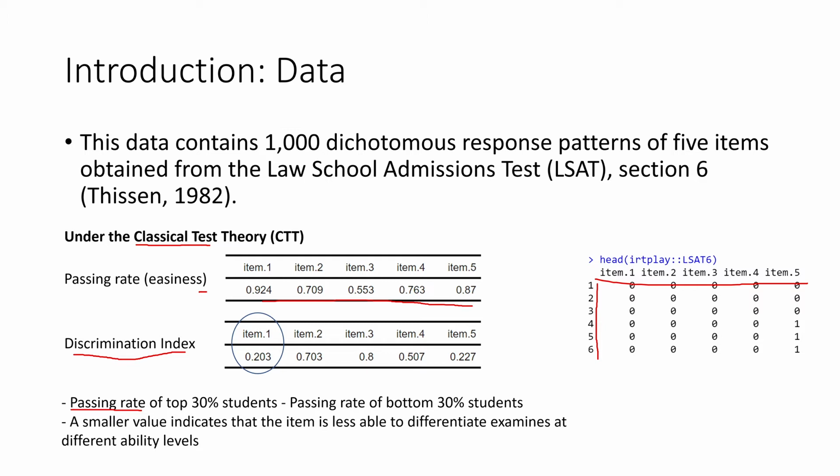And a smaller value of the discrimination index indicates that the item is less able to differentiate examinees at different ability levels because the passing rate does not seem to increase a lot as the ability increases. And from this table, we can see the numbers are not close to each other, which means the 5 items may be different in how sensitive they are to examinees of different ability levels.